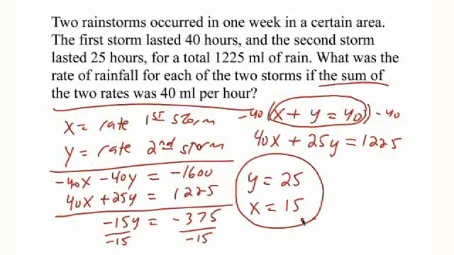Right. Think about that. There's no way a rainstorm has negative rainfall associated with it. And that's where you have to start thinking now about word problems and logical conclusions to your answers. In other words, in both of these types of word problems, a negative answer doesn't make any sense. So if you get a negative answer, you must have made a mistake somewhere. Go back and check your work.